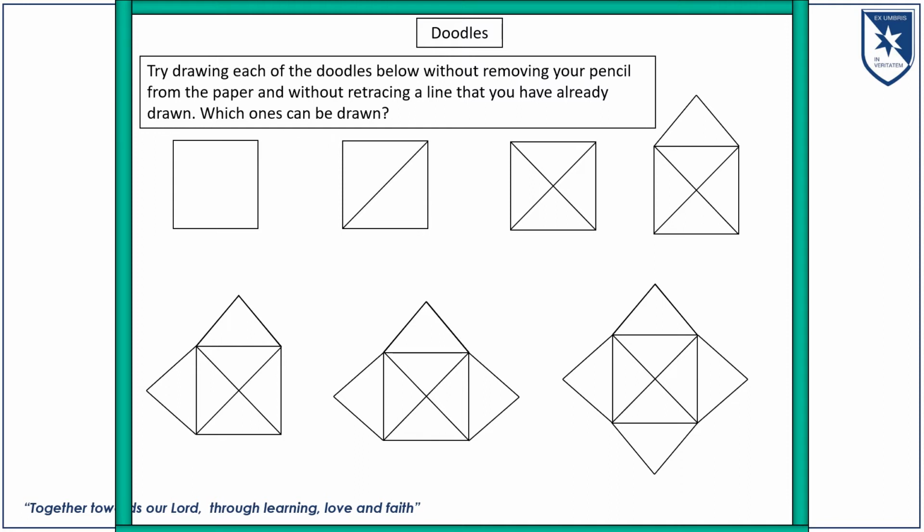I'm going to show you the first couple, just to make it clear what I mean. So using a highlighter, if I start at this corner, and in fact on this first shape, it doesn't matter which corner I start on, I can trace the shape without taking the highlighter off the paper. If I do the next shape, I'm going to start here, I might start highlighting, and depending on where you start from, sometimes it doesn't work. Here I've had to then lift my highlighter off the page in order to complete that. So, doesn't mean to say it can't be done.